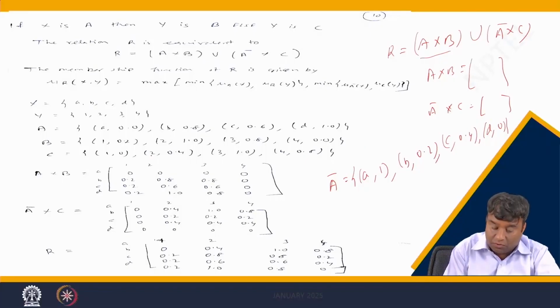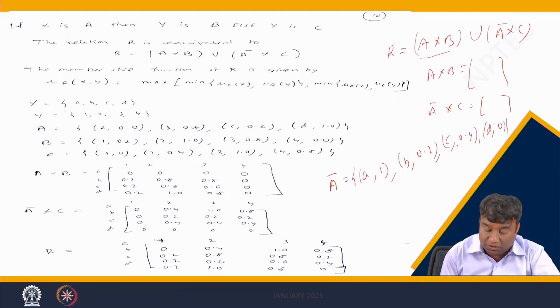C is 0, then here 0.4. So here is the minimum value with C, so here is 0, 0.4, 0.4, 0.4. D, everything is 0.